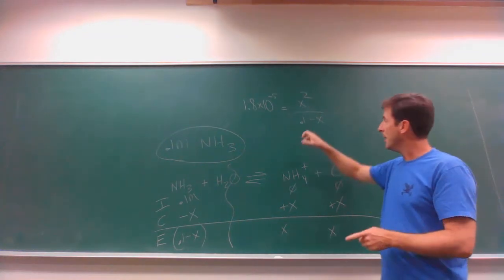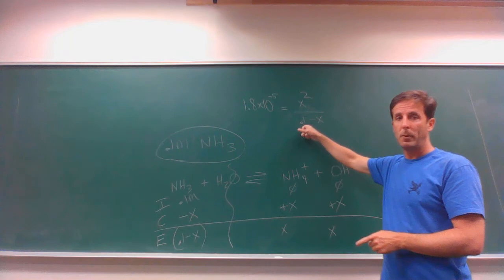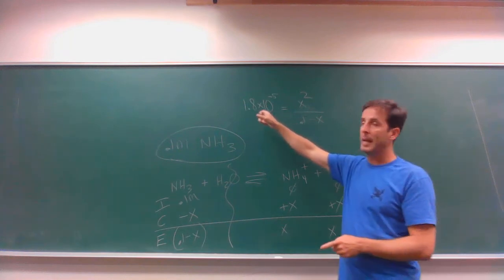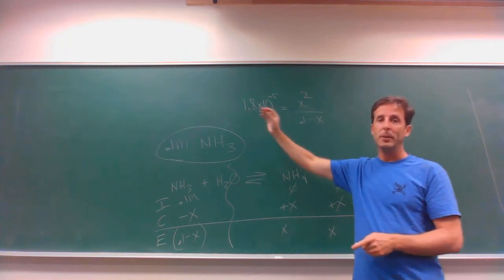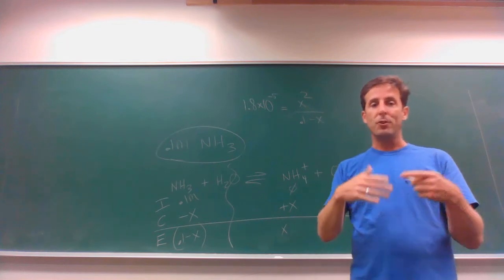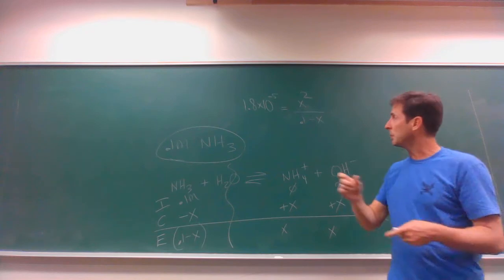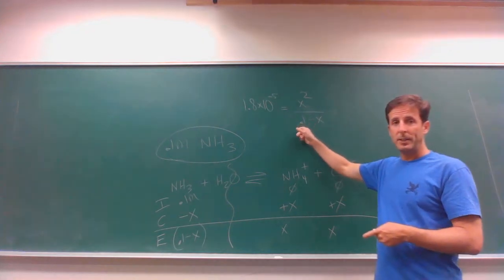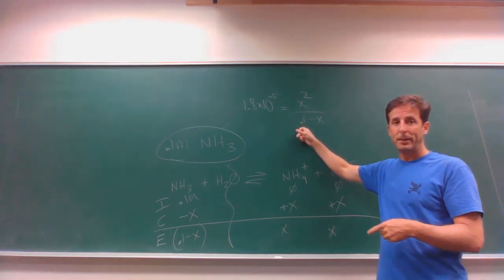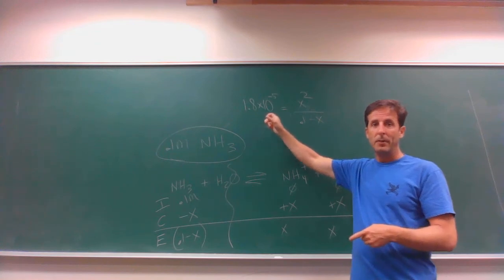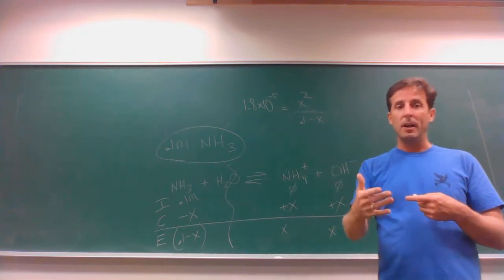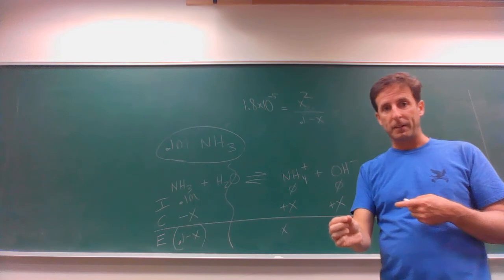I compare the initial concentration of the base, 0.1, to the Kb value. And remember, the Kb value is a representation of how strong an acid or base is, which tells me how much of it dissociates. If the initial concentration is at least 1,000 times bigger than the Kb value, then that means that the amount that's going to dissociate will be insignificant.